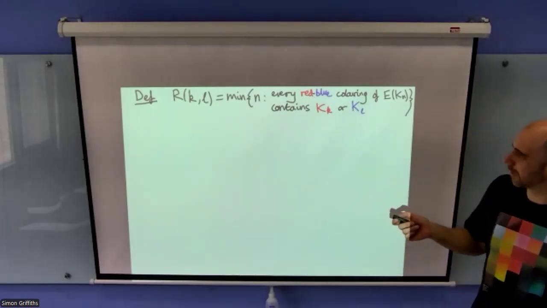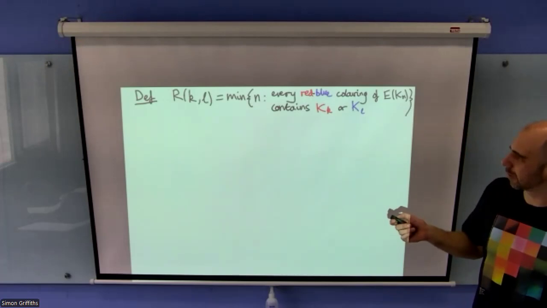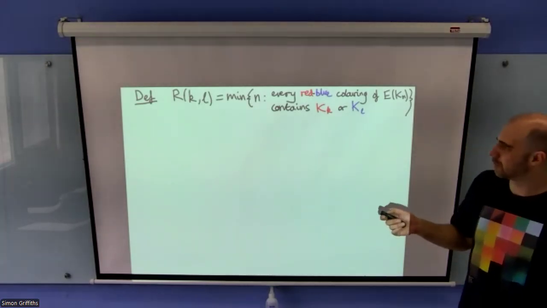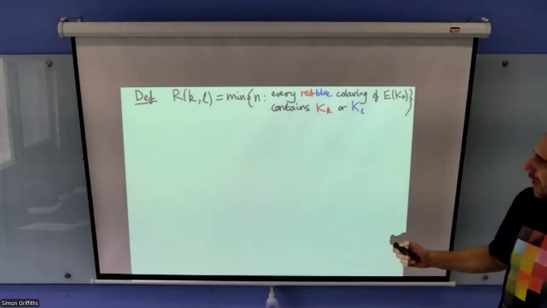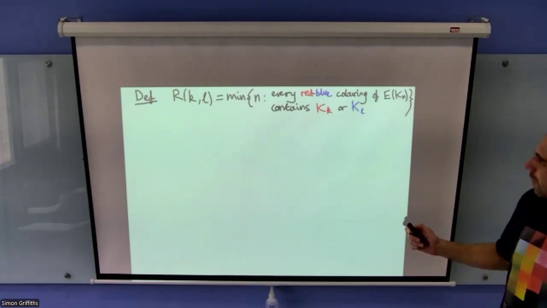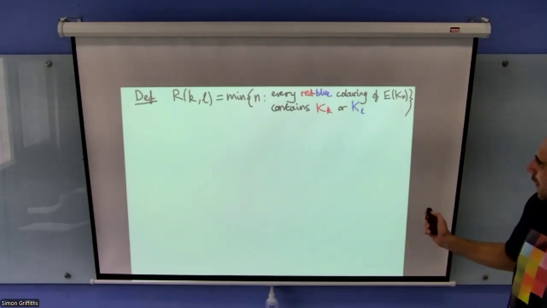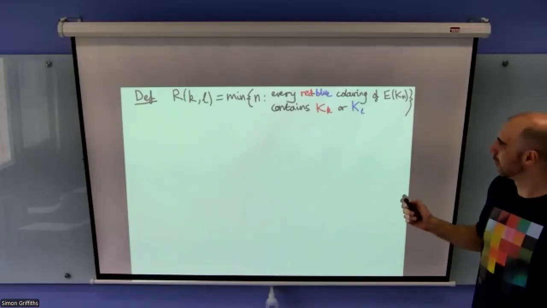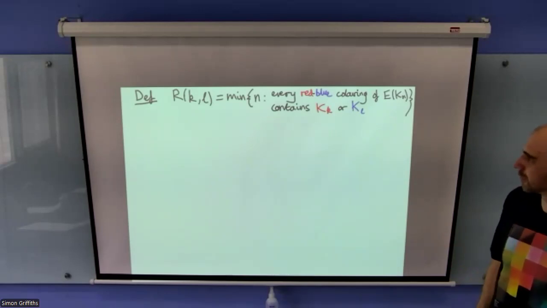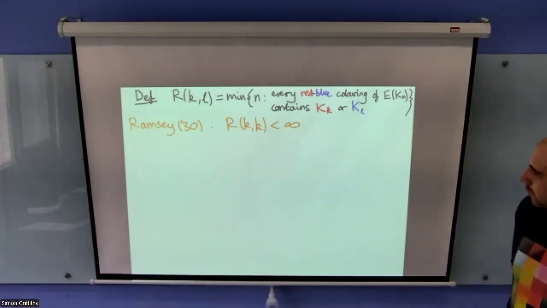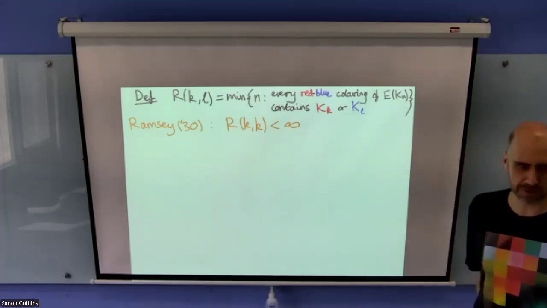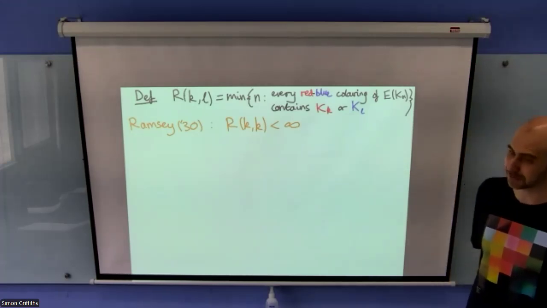The definition we put up here is actually what you call the, well, you could say it's off diagonal, or it's the general definition, where you might want something different in each of the two colours. So R(k,l) is the smallest n such that every red-blue colouring of the edges of K_n contains a red clique on k vertices or a blue clique on l vertices. And it follows from Ramsey's result that this is always finite, using Ramsey's result and a compactness argument.